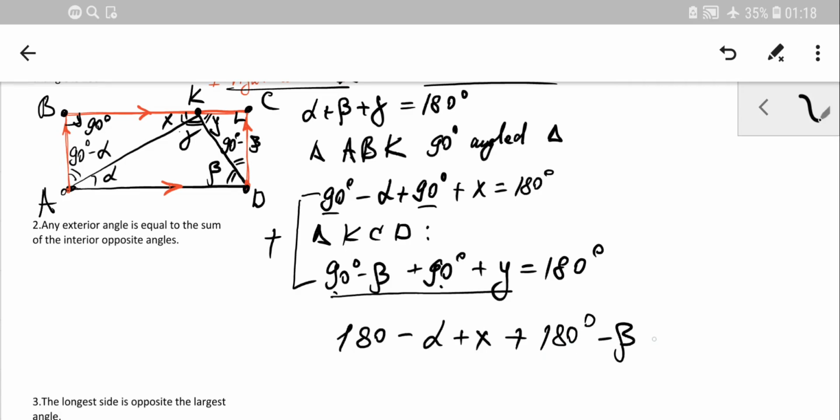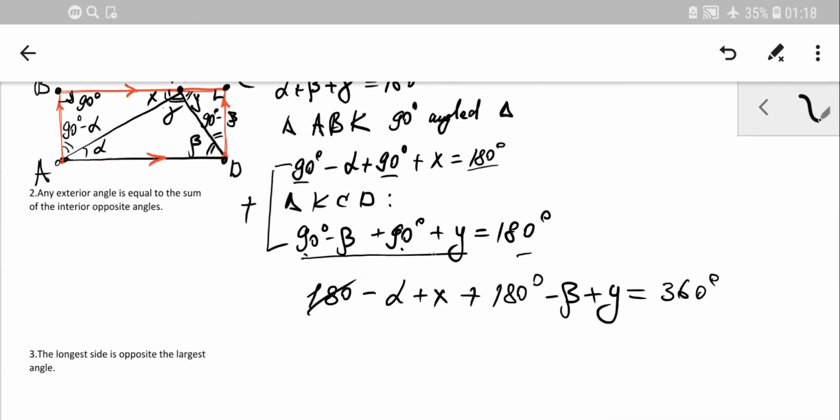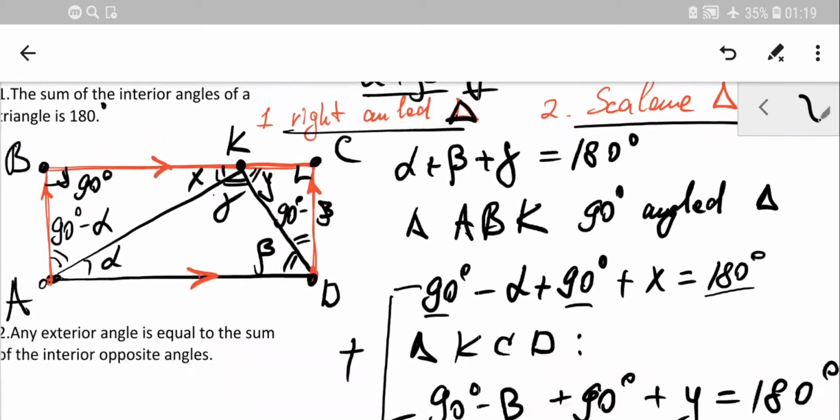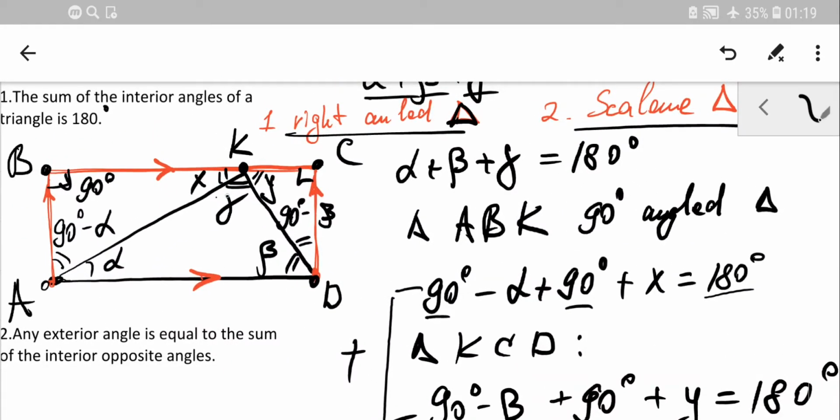Then minus beta and plus y equals 180 and 180, which is 360 degrees. All right, so 180 cancels with 360, and what we're left with is that x plus y is actually alpha plus beta.